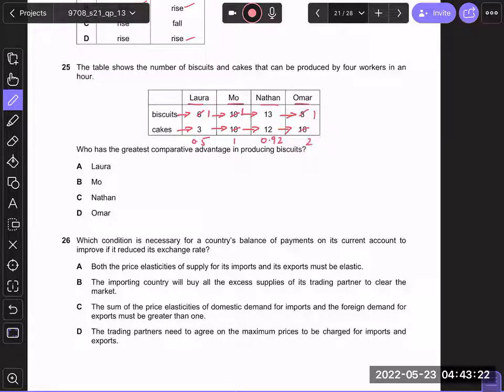Who is leaving fewer cakes for the production of 1 biscuit? Who is giving up the fewest cakes? Laura, right? So Laura will have the greatest comparative advantage in the production of cakes. Oh, biscuits.